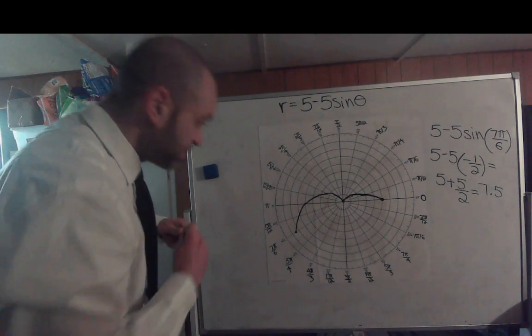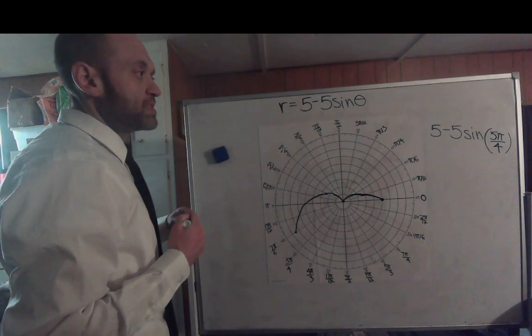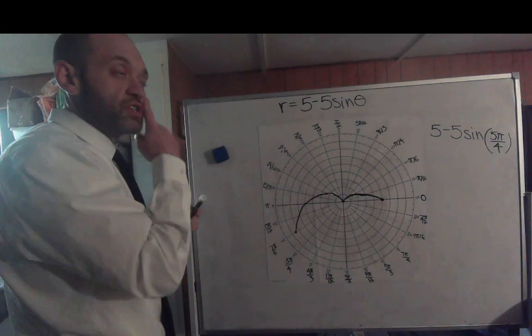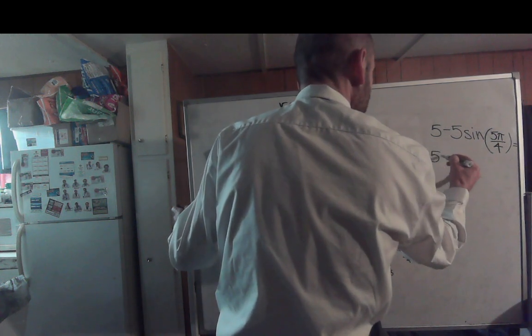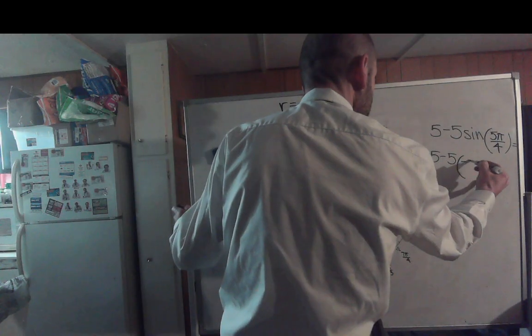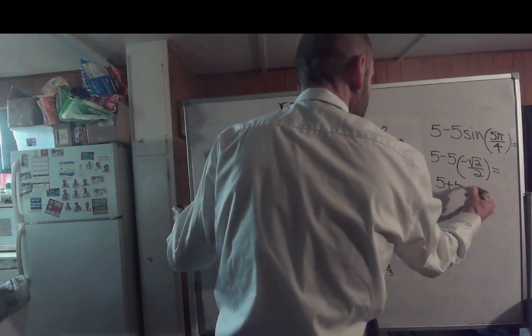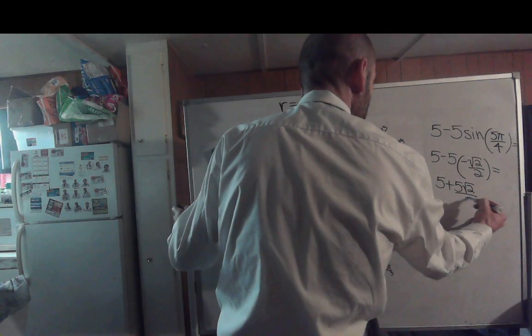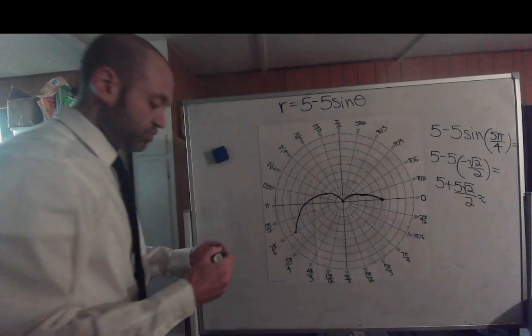Alright, now next special angle is 5 pi over 4. So we're going to have 5 minus 5 times the sine of 5 pi over 4. Well, okay, what is the sine of pi over 4? That's the square root of 2 over 2. If you negate that, since we're in the third quadrant, you would have 5 minus 5 times negative square root of 2 over 2, which would give you 5 plus 5 times the square root of 2 over 2, which now we should be able to get a decimal approximation.